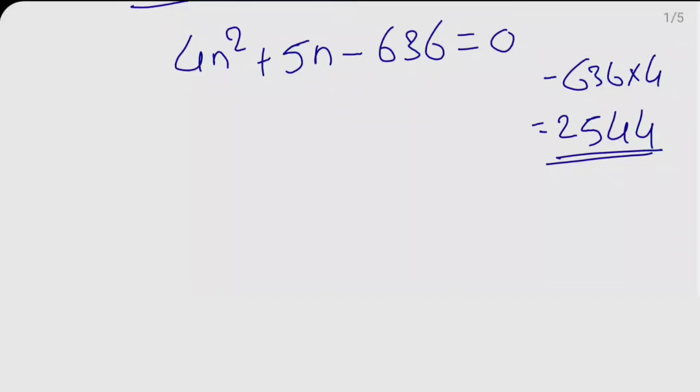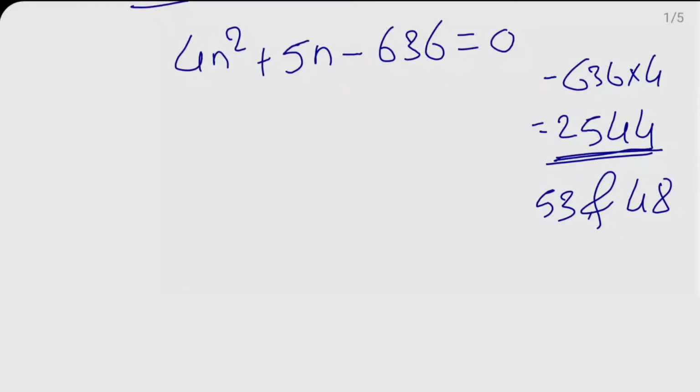The two factors are 53 and 48. So make these two multiplication, we got 2544, and make the subtraction, we got 5 here, right?